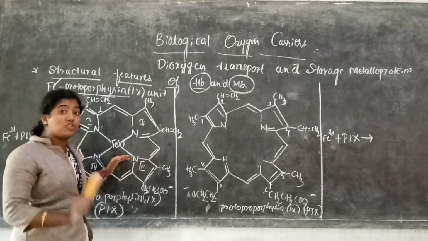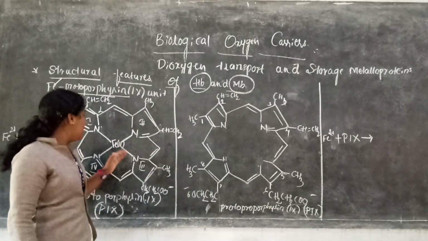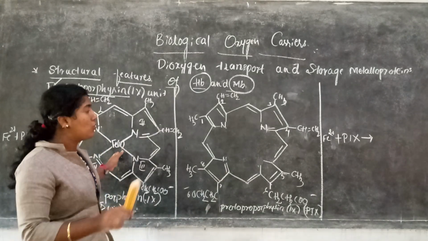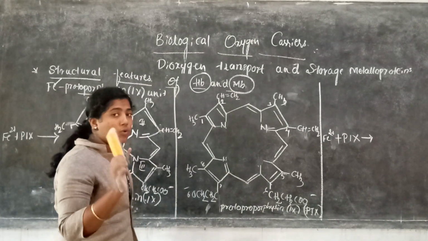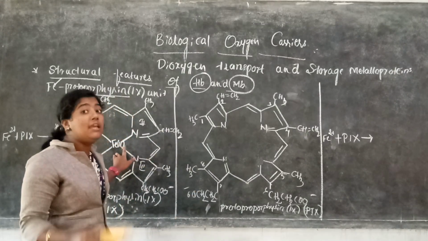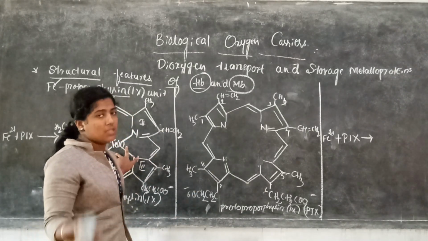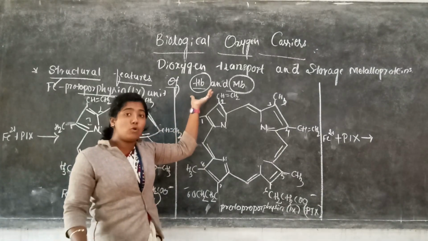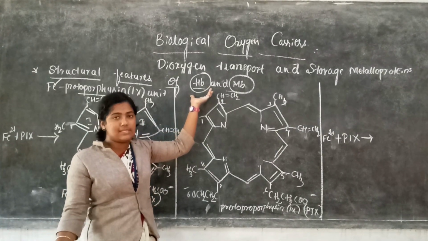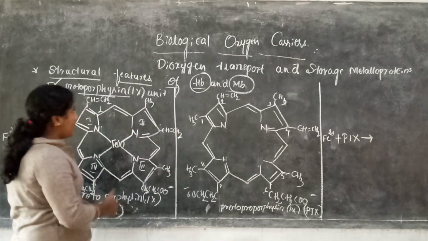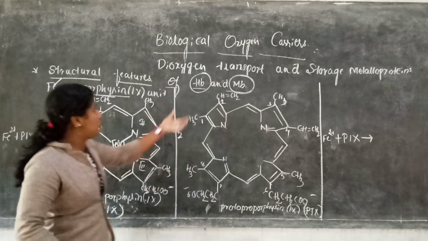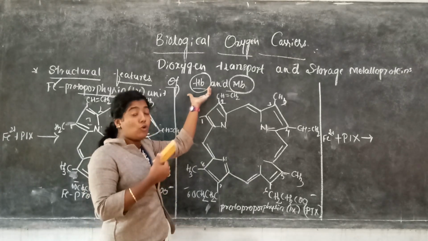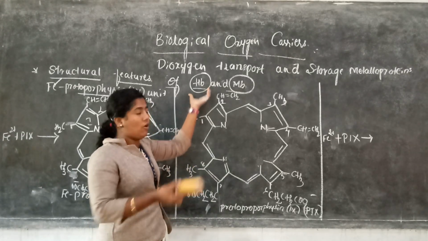Then the structures of hemoglobin and myoglobin differ in their subunits. Myoglobin has only one subunit, while hemoglobin in invertebrates has 4 subunits. Like that we differentiate the hemoglobin family in different organisms. Let us discuss hemoglobin present in different organisms.